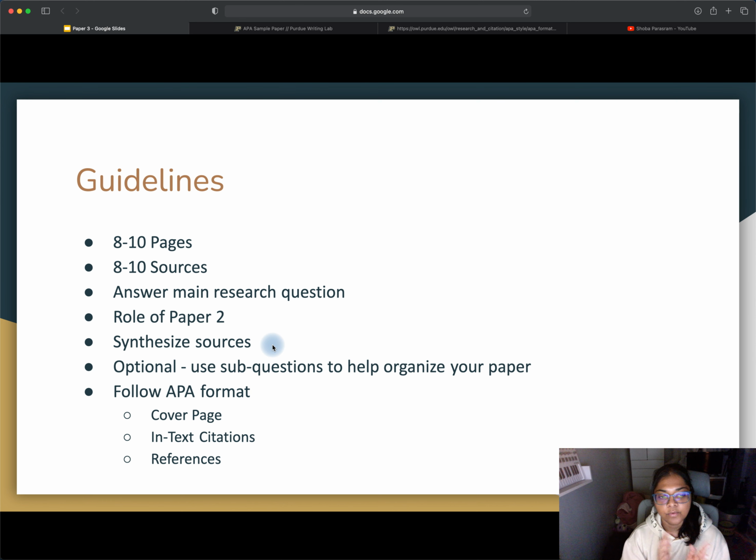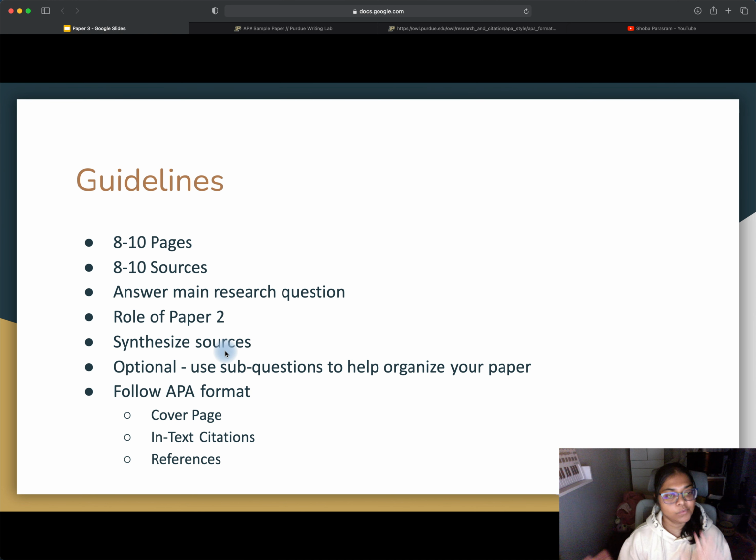If you need 1 or 2 paragraphs where you're not synthesizing your sources, that's fine. But do try to synthesize your sources for most of your paper, because it is a research paper, so we want to see that multiple sources are supporting or illustrating what you're saying rather than just you relying on one source. So try to synthesize your sources.